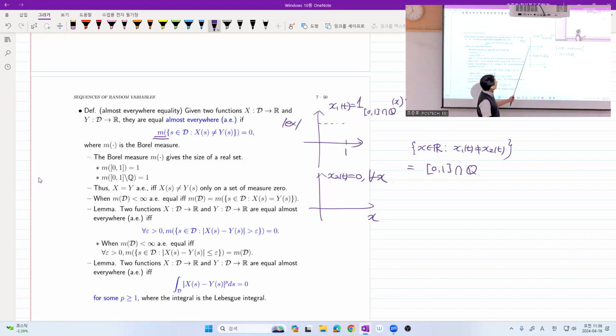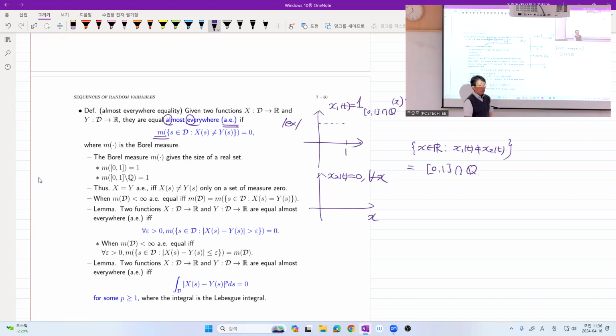They are equal for irrational values of x and all values of x outside this interval, right? So in this case, we call these two functions equal almost everywhere. Got it? This goes by the abbreviation a.e., almost everywhere. So x equals y everywhere is too strong, and x equals y almost everywhere is a relaxed version.